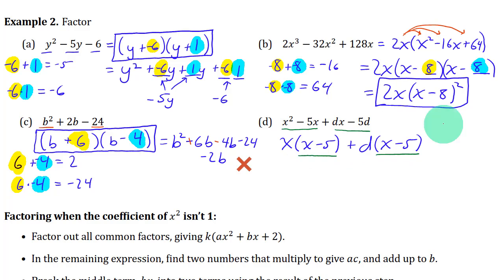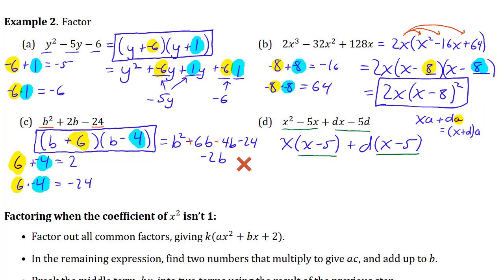Just like if you had, I'm going to do a little example on the side. If you had, let's say, x times a plus d times a, you could factor that out as x plus d, all times a.